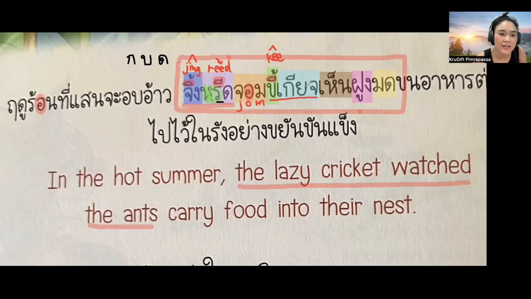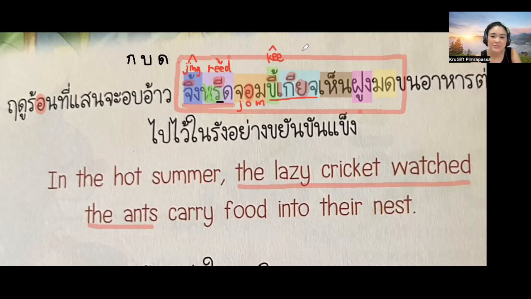Next syllable. Can you identify where is the vowel of this syllable? Here is the vowel of this syllable. This one we call sara ia.